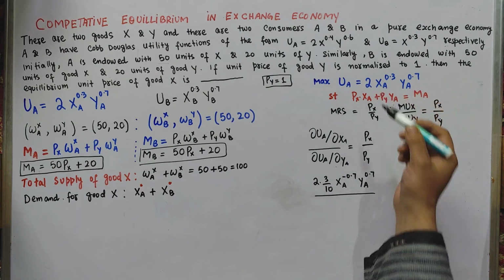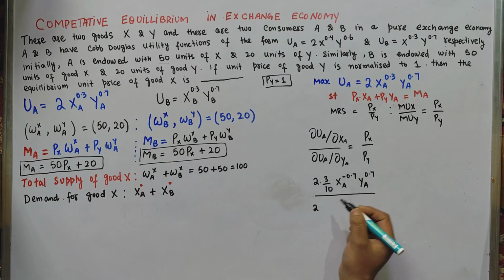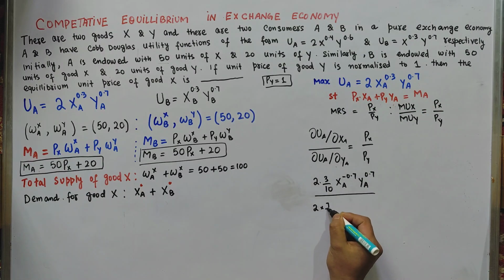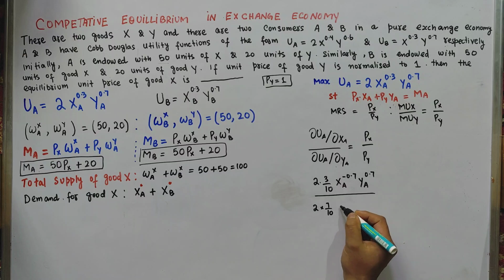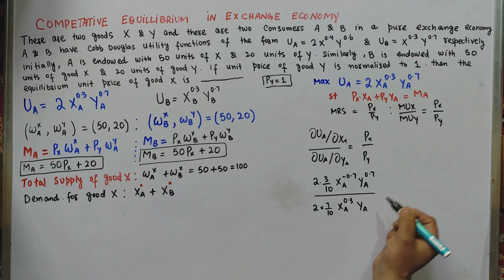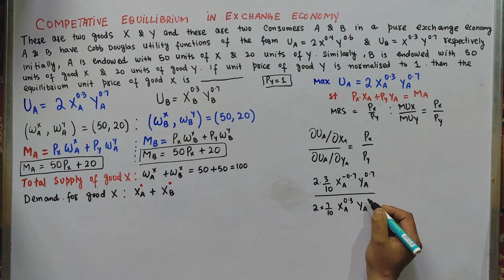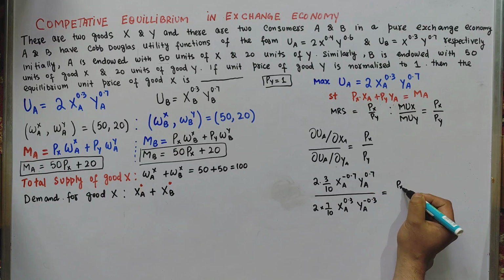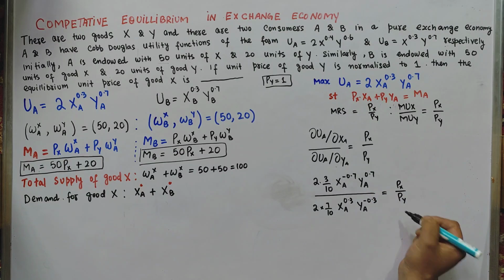So we have twice here again. 0.7 will become the coefficient and it will become 7 upon 10, times XA raised to the power 0.3, YA, the exponent of y will be subtracted by 1, 0.7 minus 1 is minus 0.3. It should be equal to the ratio of the prices, price of x upon price of y.